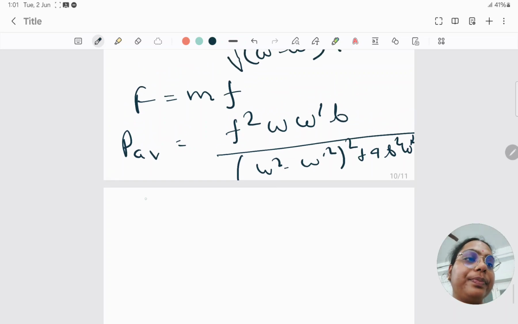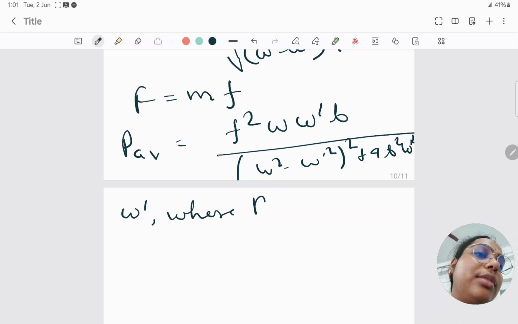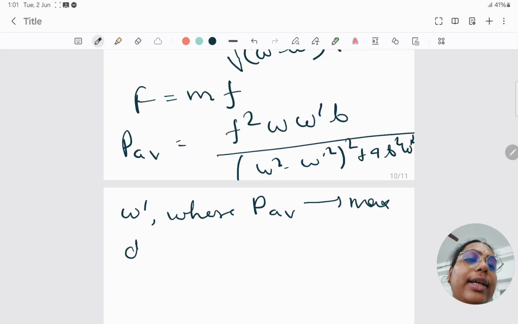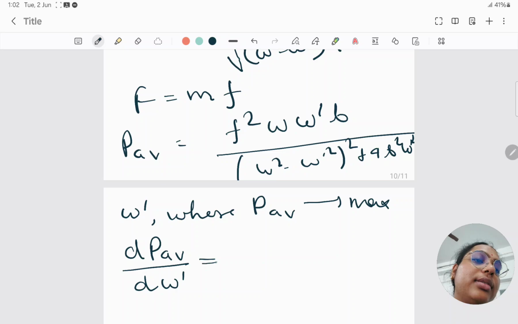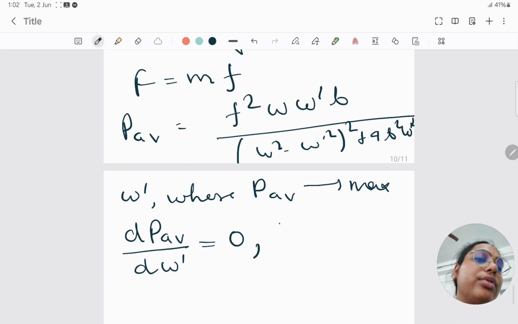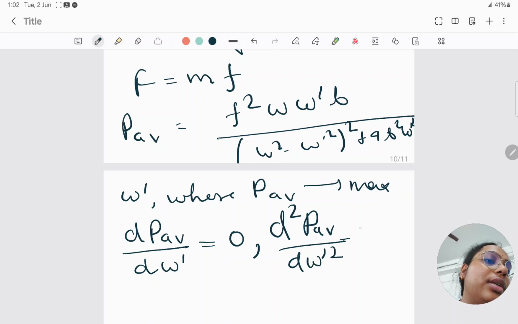Now the ω' value where P average will be maximum, that value you can calculate by just dP by dω'. It should be 0, and also d²P_av at that value of ω' this second derivative should be less than or equal to 0.